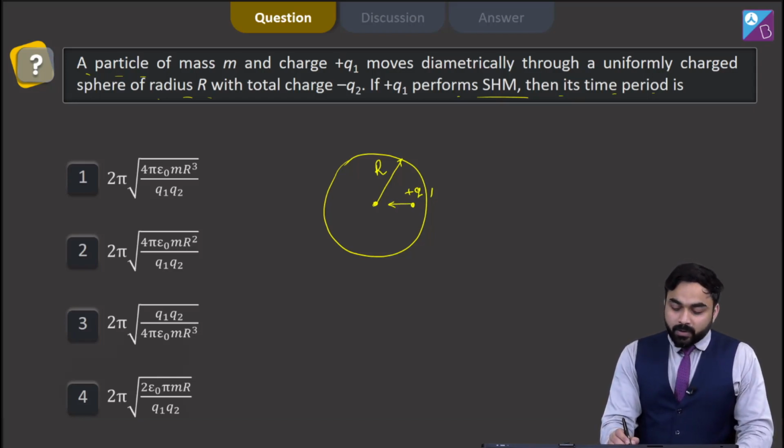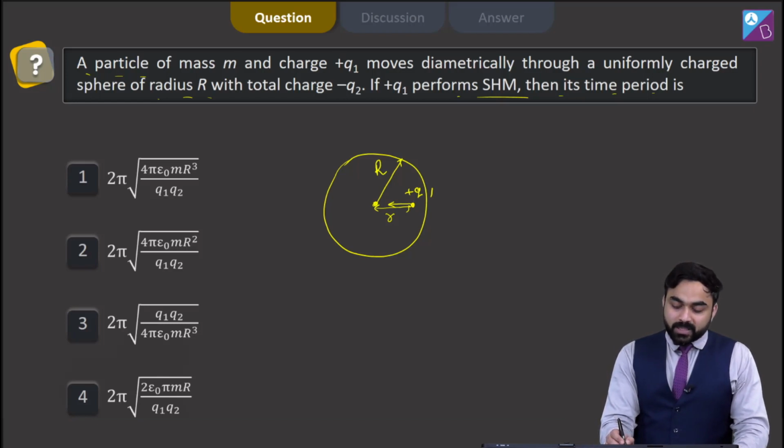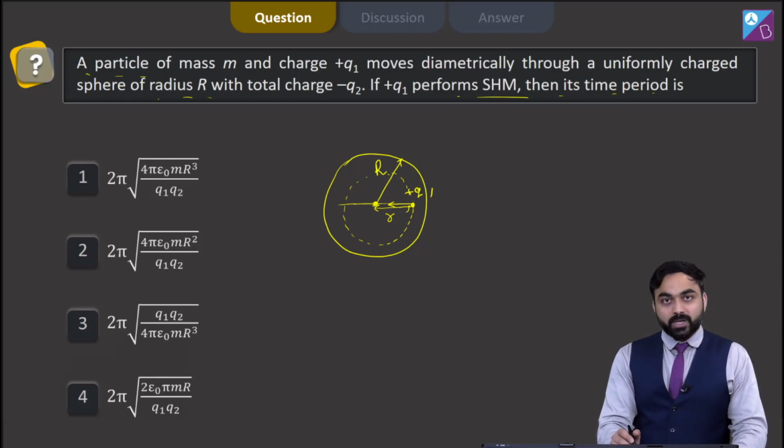Let us suppose that this particular charge is placed at a distance of r from the center of the sphere. So we can consider a spherical Gaussian surface for this particular charge, and this charge is moving diametrically, also performing simple harmonic motion diametrically. I hope this situation is clear to all of you.